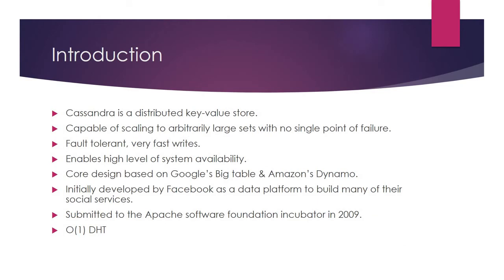Okay, we can see the introduction of Cassandra. It is one of the most popular NoSQL databases, and when we say that it's NoSQL, we mean that it's unlike a relational model, unlike traditional relational databases.